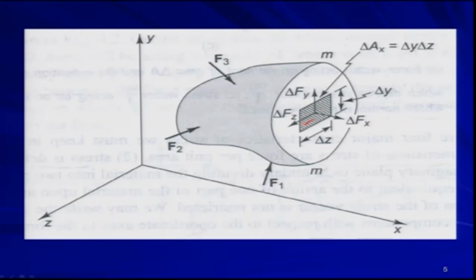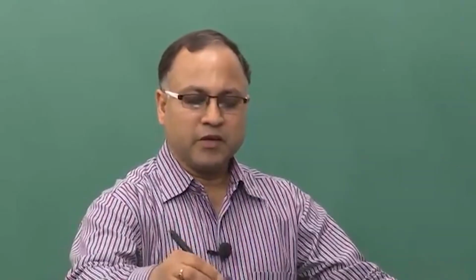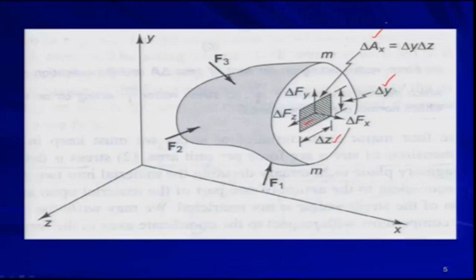The depth of the plane is delta y and the length of the plane is delta z, and this is the positive x plane. So, the area of the small segment will be delta Ax, which will be equal to delta y into delta z. That is very simple.